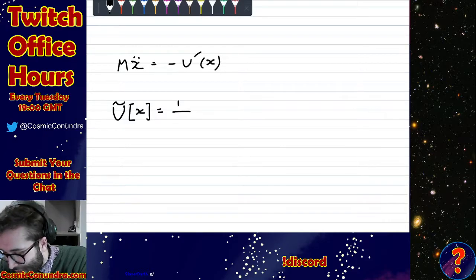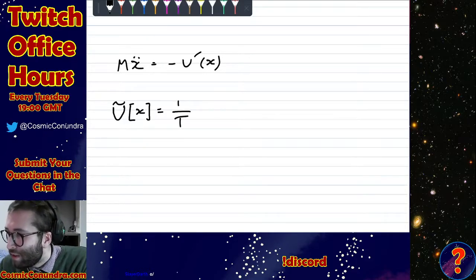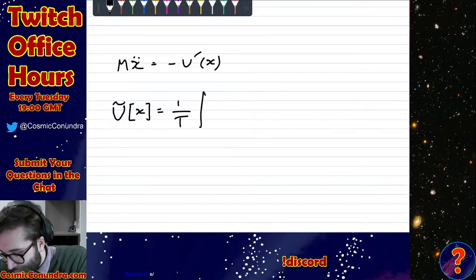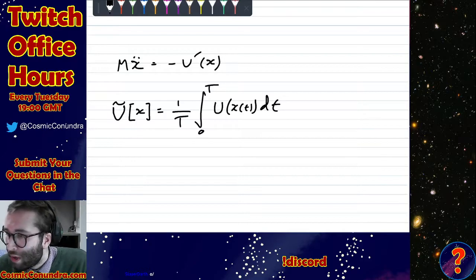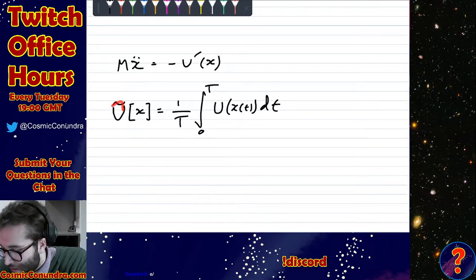So if it takes some time, capital T, for a particle to go along this path, x, between two endpoints, then the time average is given by this, where x of t parameterizes the 1D path the particle takes. This is all in 1D. We'll do the simple case in 1D. So that's the time average of the potential. This little tilde on top will denote the time average for me.